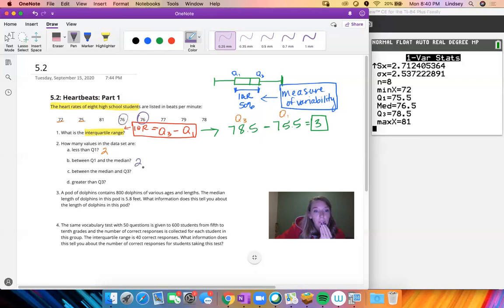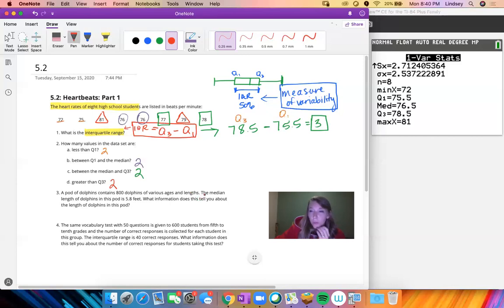So 2 again. Between my median and my Q3, 76.5 and 78.5, we got 1, 2. All right, well, we have 8 total. So what do y'all think? How many are greater than? There's 2.